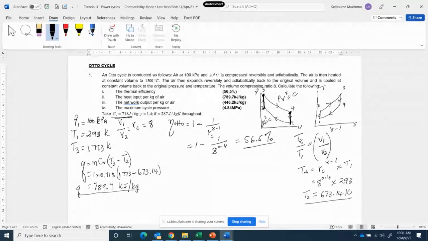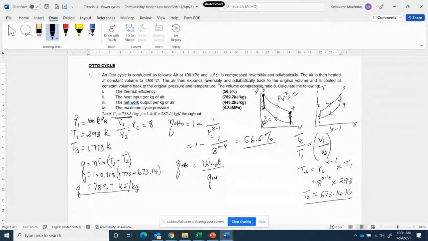So the net work output, work net for the cycle. So we know that for every cycle, can be Otto or any other cycle, the efficiency is given by work net divided by Q in.